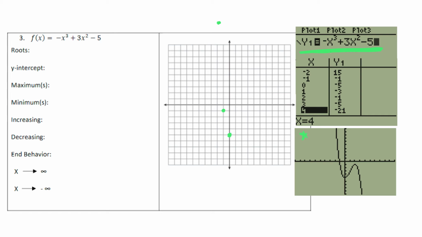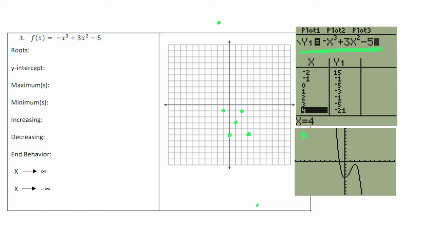Then I see an ordered pair at 1, -3, 2, -1, 3, -5, excuse me, and 4, -21, which is way off the screen here.